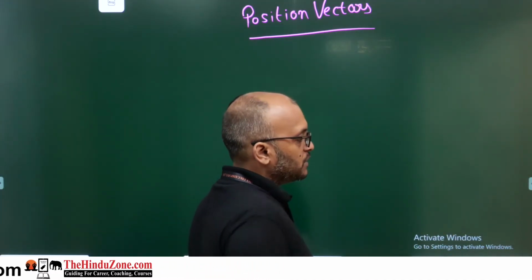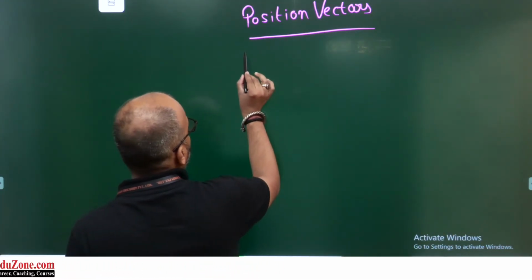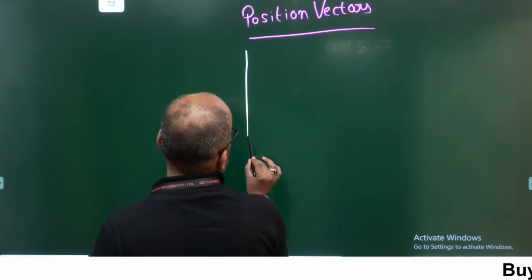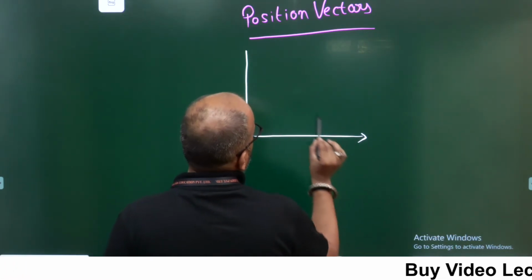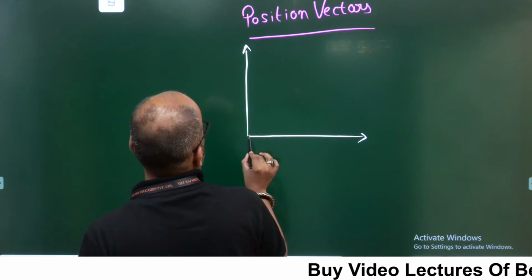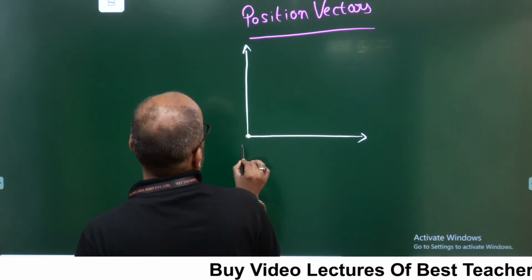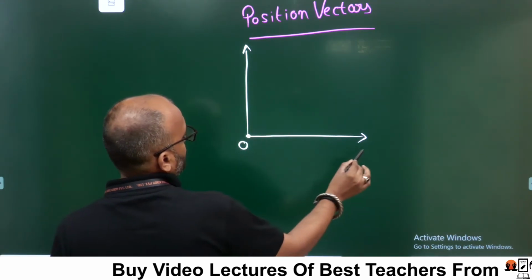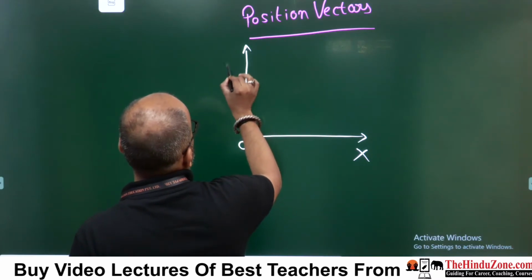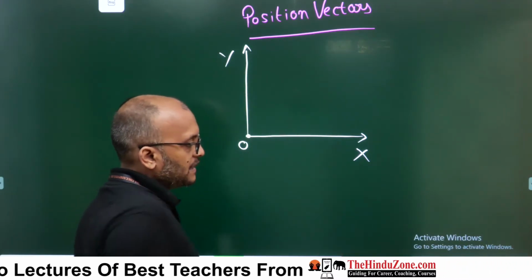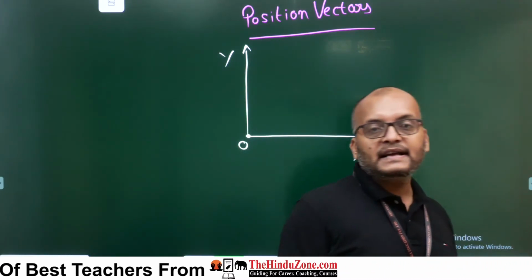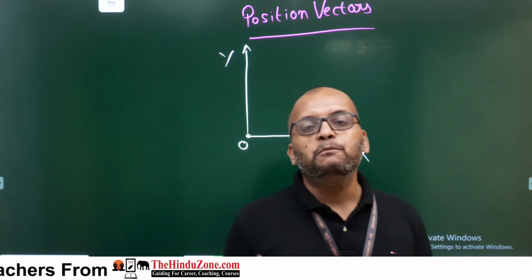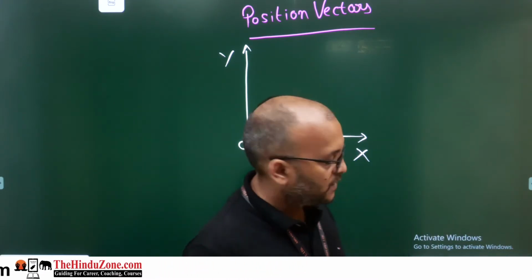If we want to represent position of any vector in accordance with coordinate axis, then that vector can be said to be position vector.